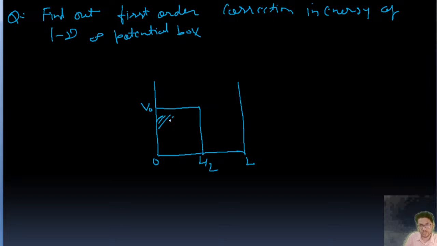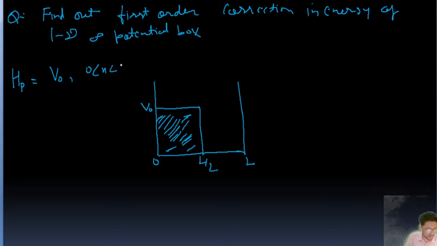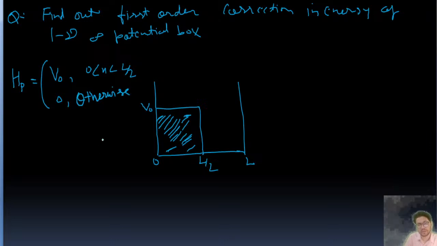So for this you need to find out the perturbation, and HP is given, that is, the perturbation is given: V naught when x is between 0 to L by 2, and 0 otherwise. Okay, this is the potential which is given, right?